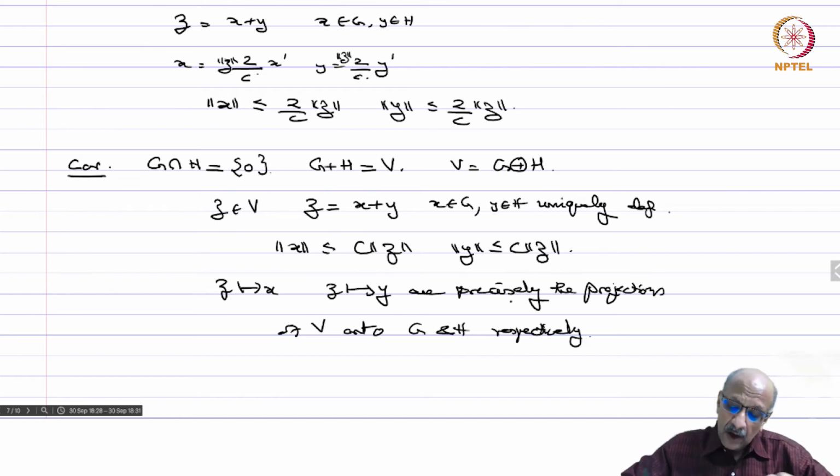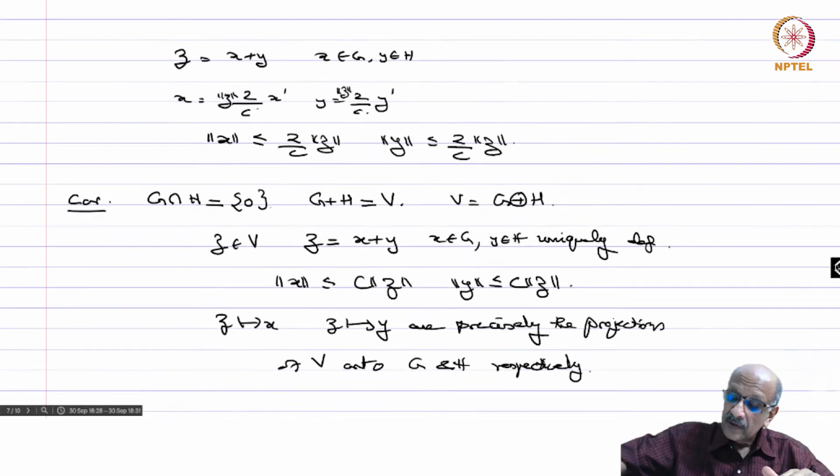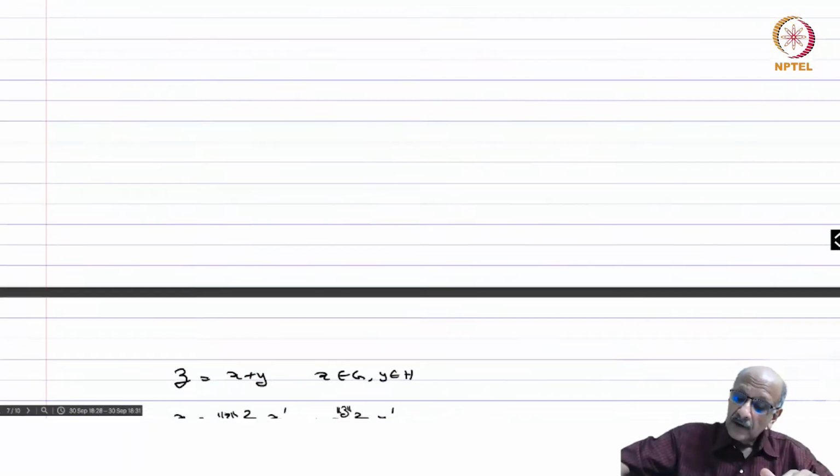So if G plus H is closed or G plus H is whole of V and G intersection H is the singleton 0, then the projection is continuous. That is a consequence of the open mapping theorem. Otherwise, the projection need not be continuous.